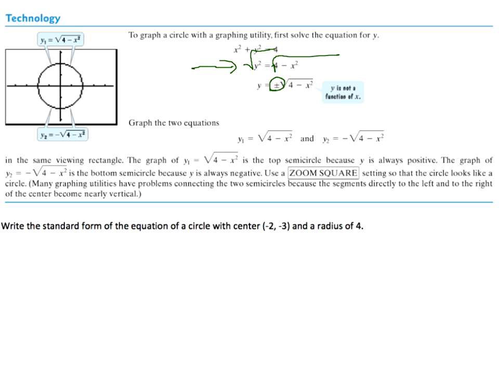So to graph this, you go to your y equals button, and under y1 you do the positive side of it. That's going to give this part of the circle. And then for y2 you put the negative, and that gives this part of the circle. So you can graph a circle, you just have to graph it in 2 pieces.